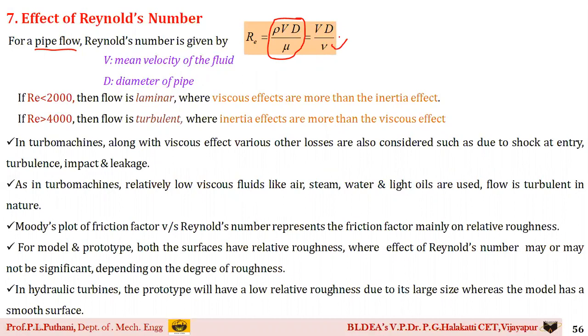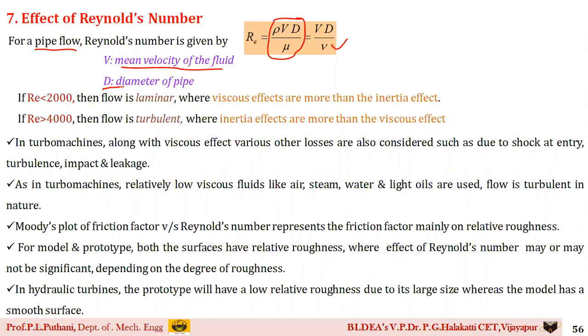Where V is the mean velocity of the fluid which is flowing through a pipe having a diameter D, and also you know that this particular Reynolds number is affected by the inertia force and some viscous force also.